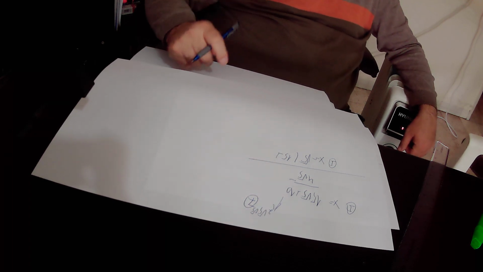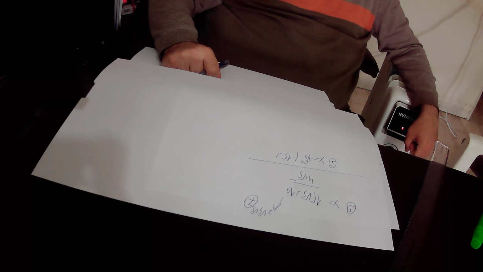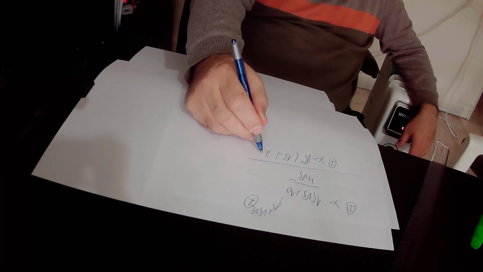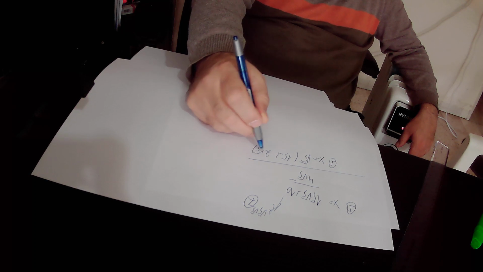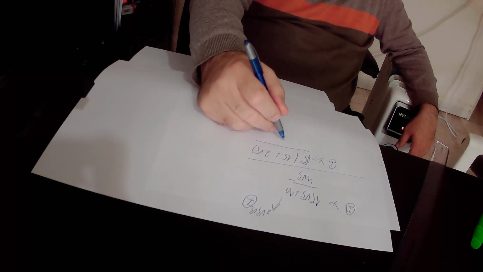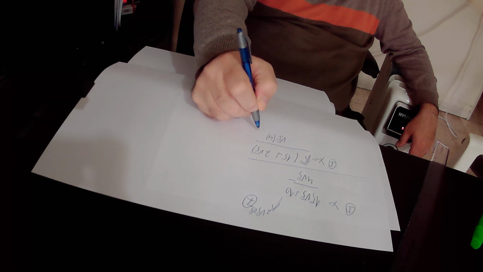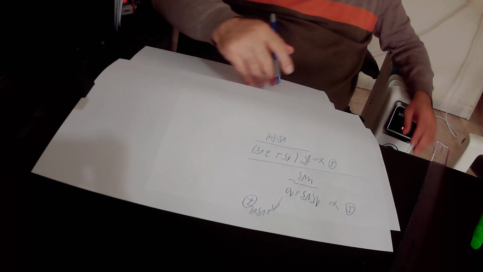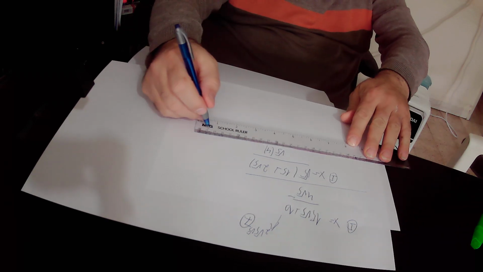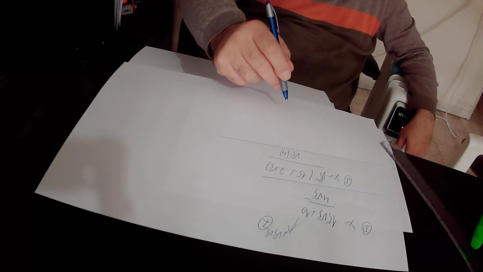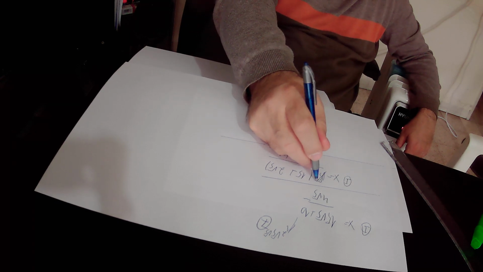So what is left from 2 times square root of 5 times square root of 5 after we took square root of 5 as a common factor is 2 times square root of 5, all divided by square root of 5 times 4. So here we have square root of 5 in the numerator and square root of 5 in the denominator, so square root of 5 will get cancelled.